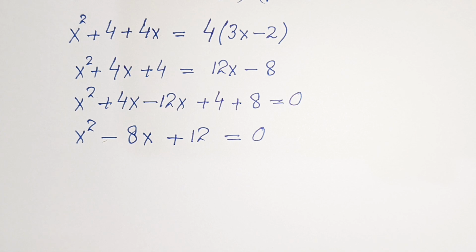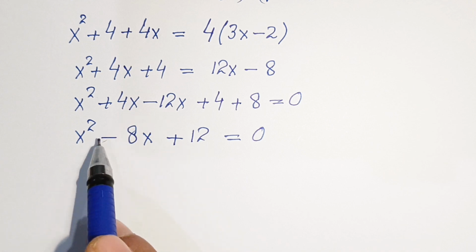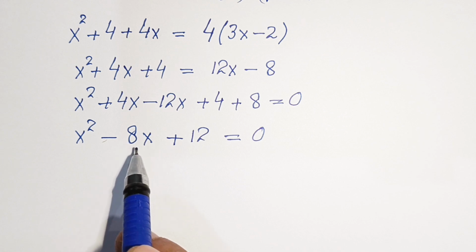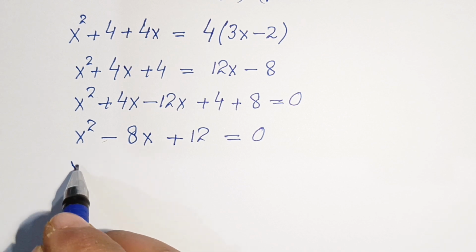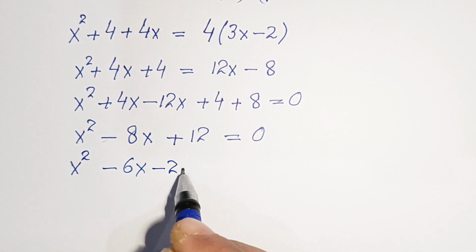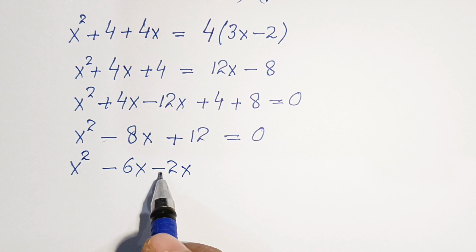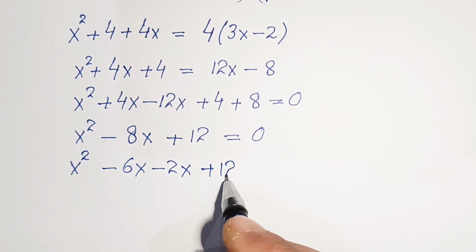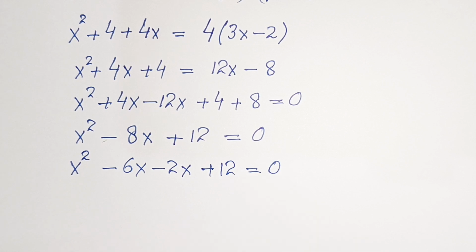We have to solve this with respect to x. As this equation is factorable, this minus 8x can also be written as minus 6x and minus 2x. So when we multiply minus 6x and minus 2x, we get 12x squared, and here we have plus 12, that is equal to 0.